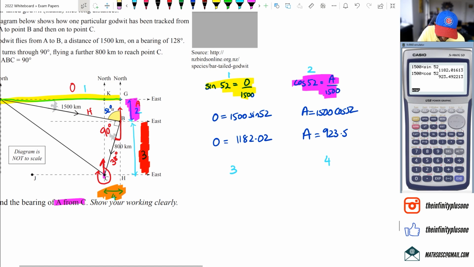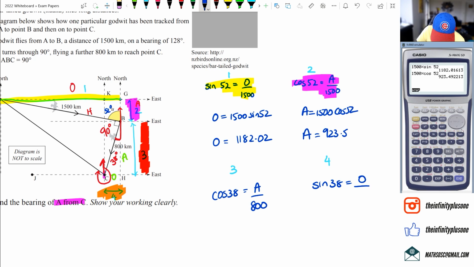Okay, so if that's the angle, then what we've got here is opposite and hypotenuse again. That's going to be opposite and that's going to be adjacent. So the red part is our adjacent, which means we're going to use cos 38 equals adjacent over 800, and then sine 38 equals opposite over 800.